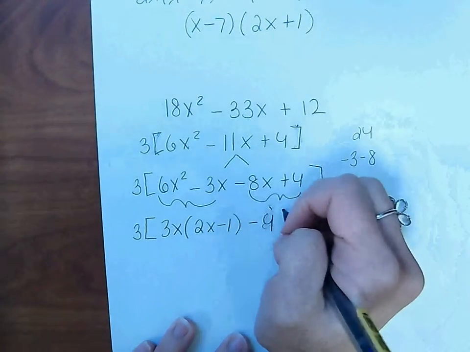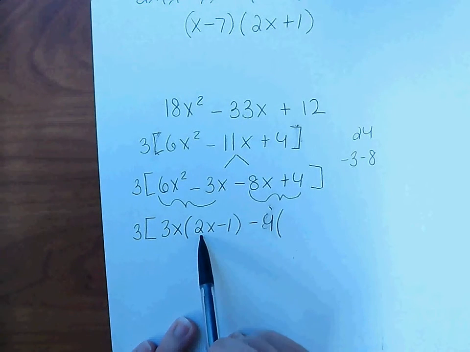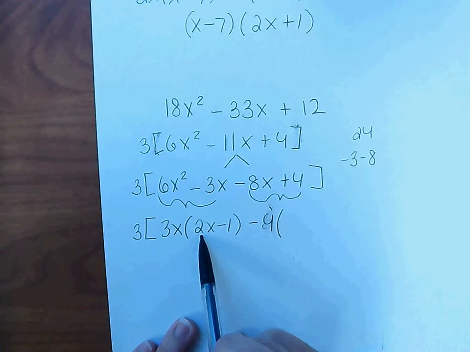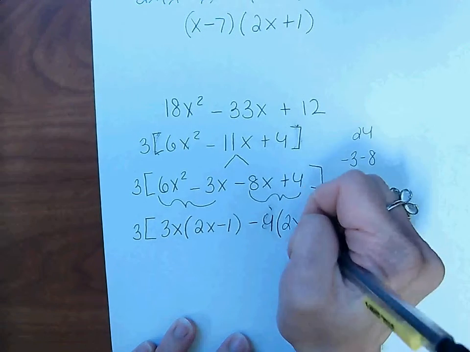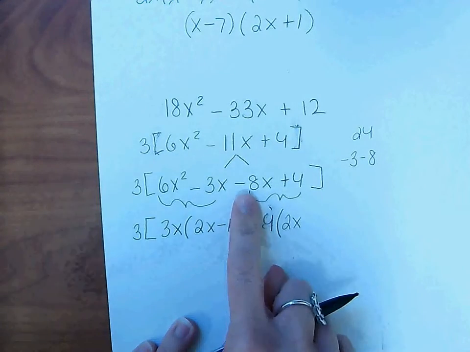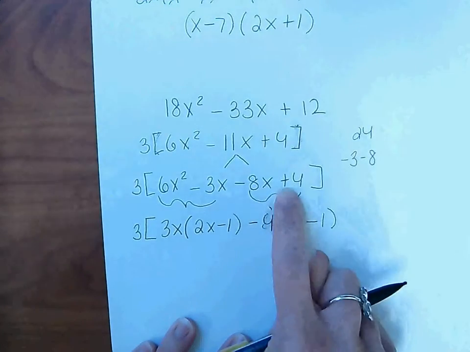Now, I know it's a negative because when I multiply here, I want my inside number to be positive. I want my 2x to be positive. So negative 4 times a positive 2x gives a negative 8x. And a negative 4 times a negative 1 is a positive 4.